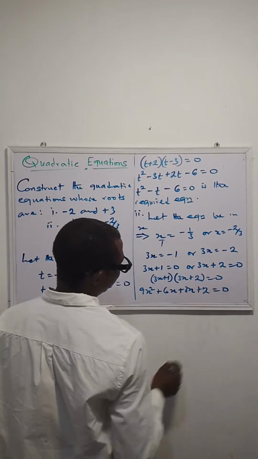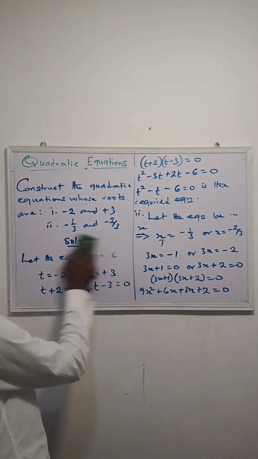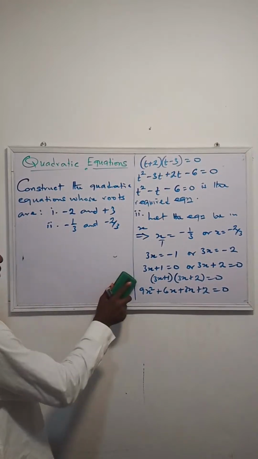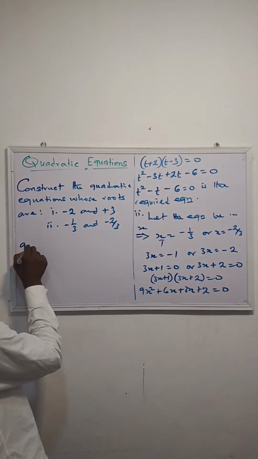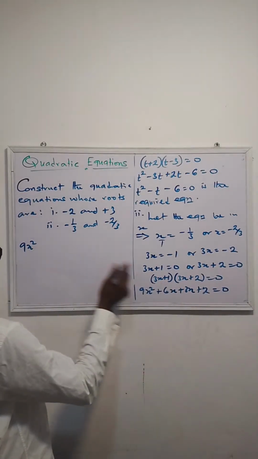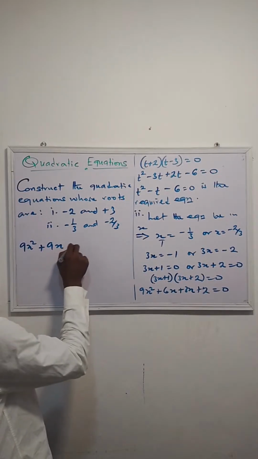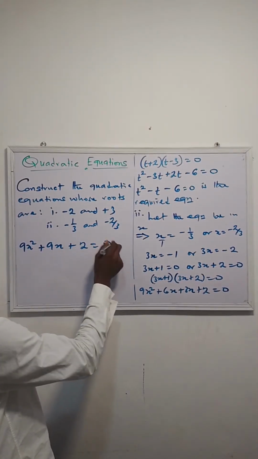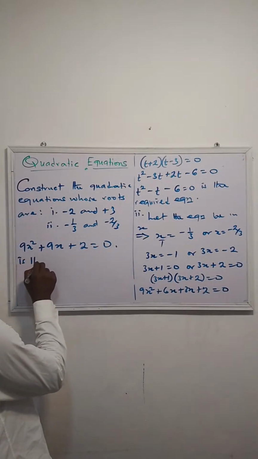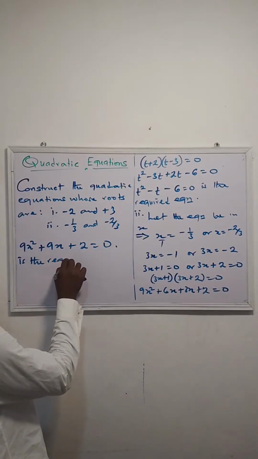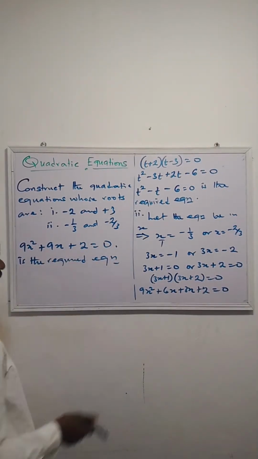So from there, you have 9x squared. Now when you join 6x and 3x together, you have 9x, plus 2 = 0. So this is the required equation.